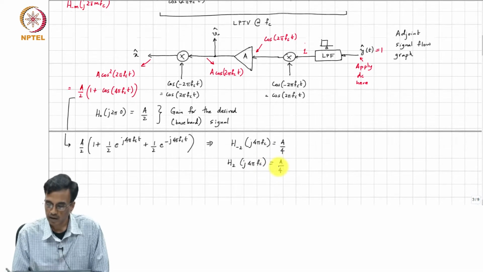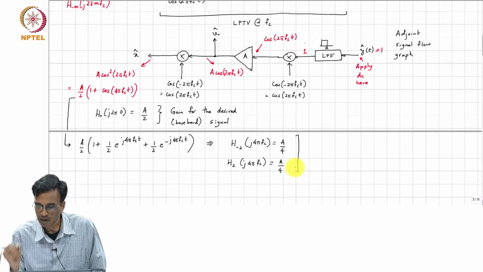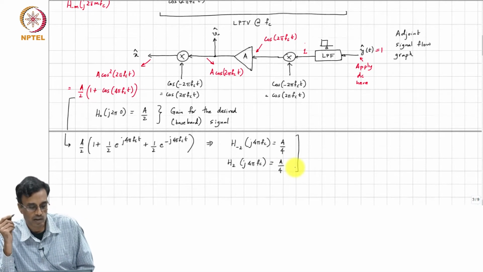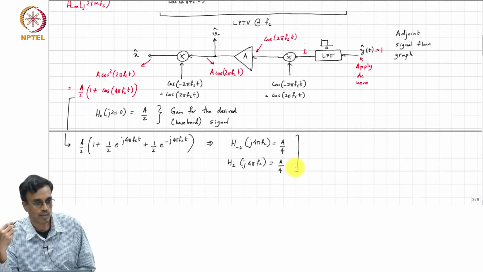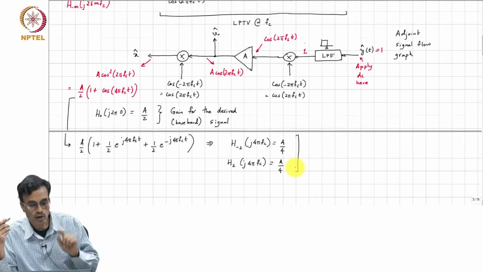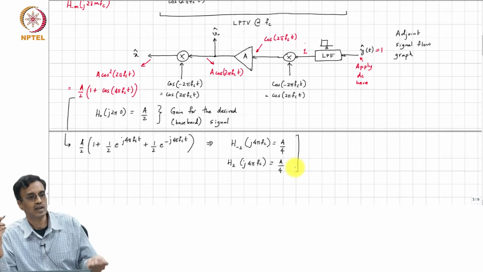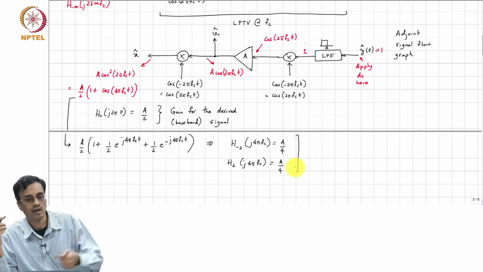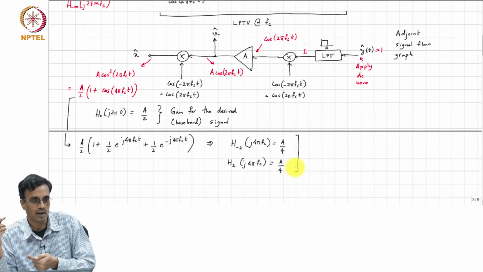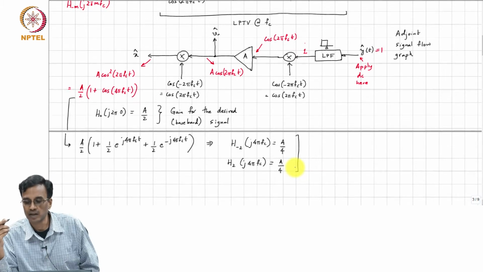And the conclusion therefore is that while we knew already that our desired signal is going to get amplified with a gain of A by 2, you also have signals from around plus minus 2 FC which can fold over and will eventually appear in the same band as the desired signal at the output.